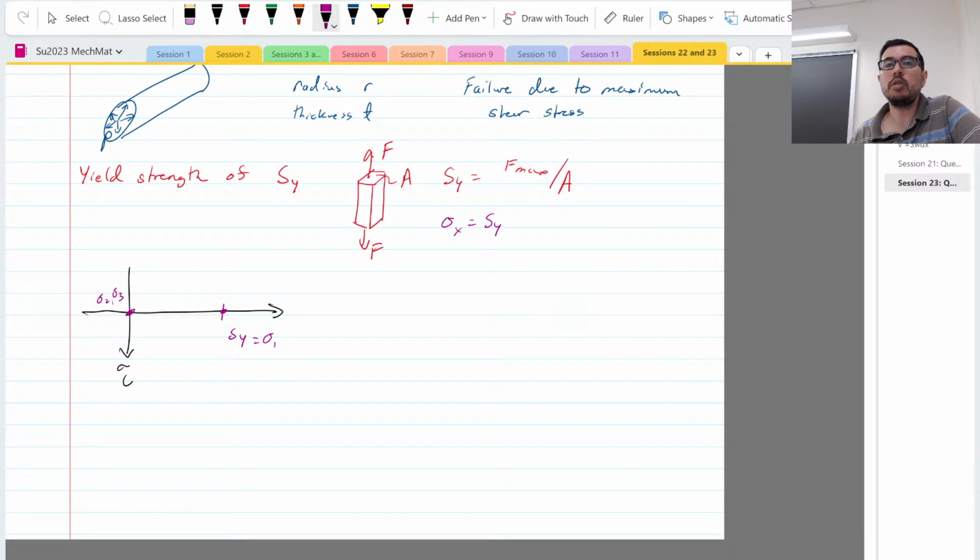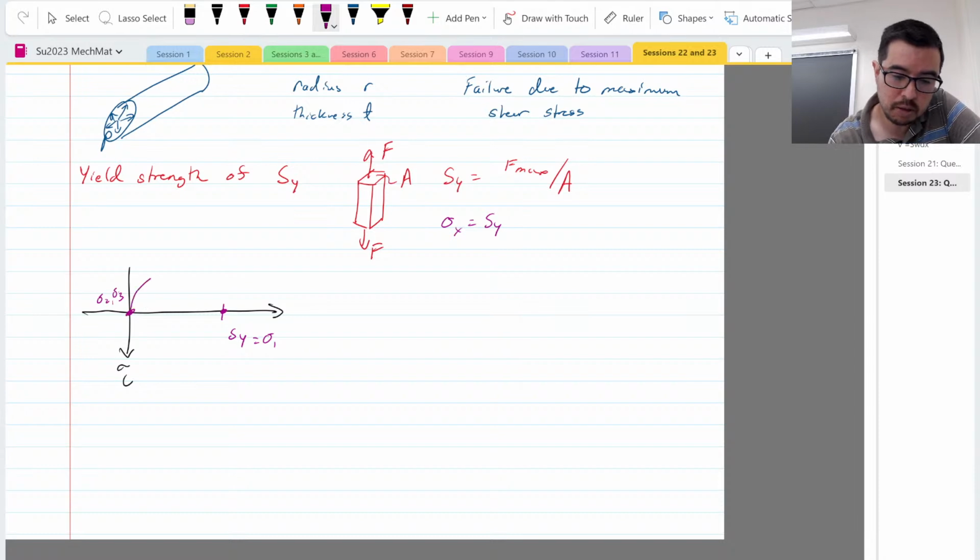So what is the shear strength of this material now? What's the maximum it can handle? Sy. Well, not exactly. Let me ask the question a different way. What's the absolute maximum shear stress this can handle? Sigma 1 over 2. Yeah, that's right. How did you get that?